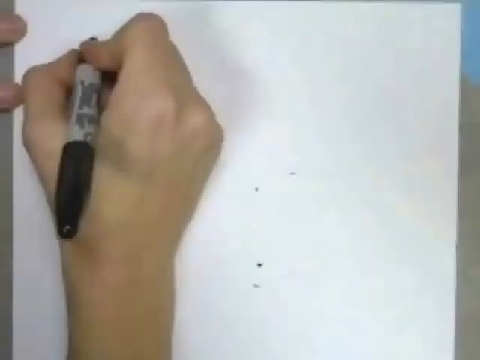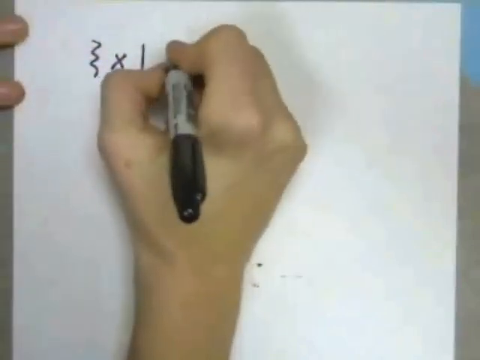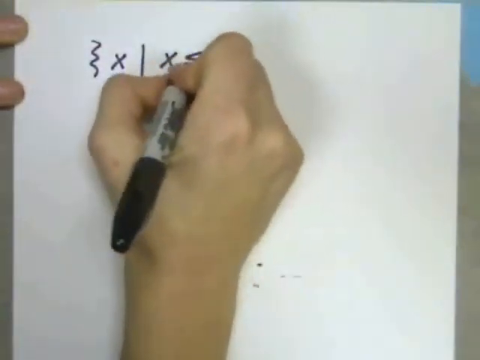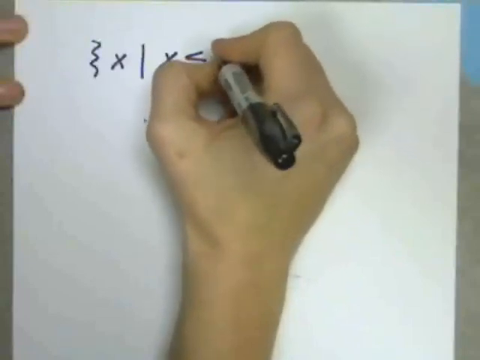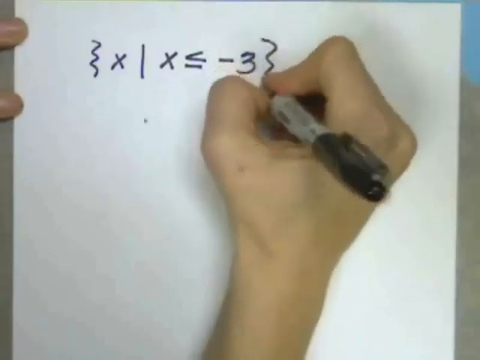So let's graph x such that x is less than or equal to -3. And I'll keep it in the reals, so I'll just close this off now.